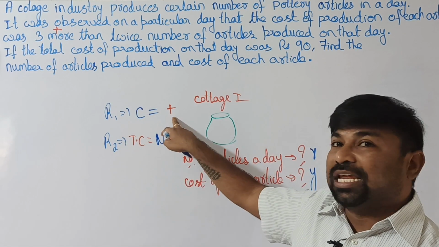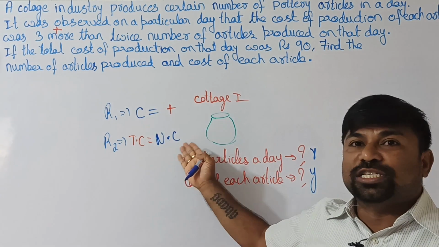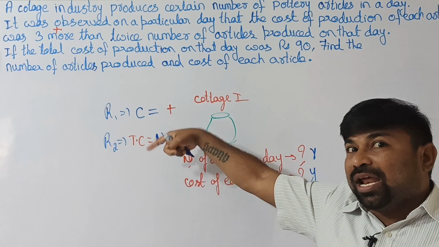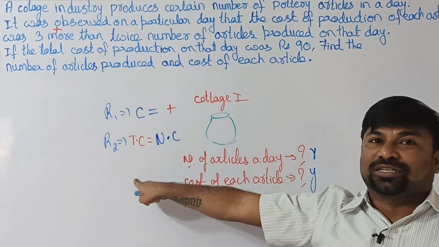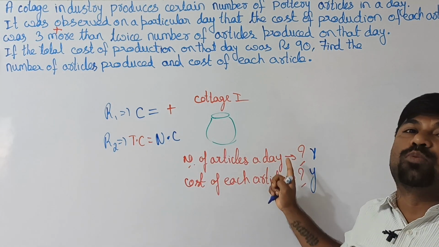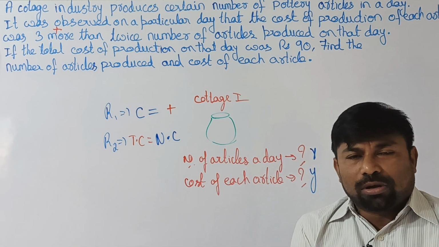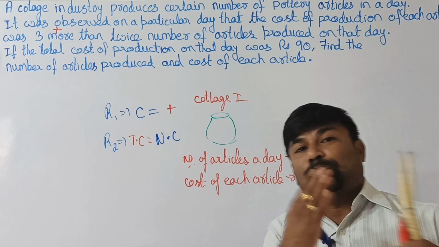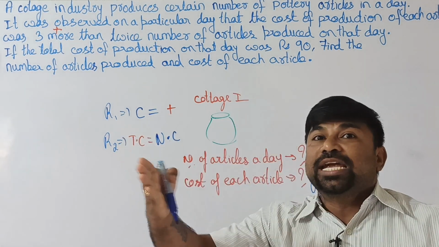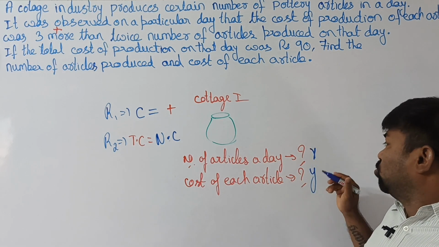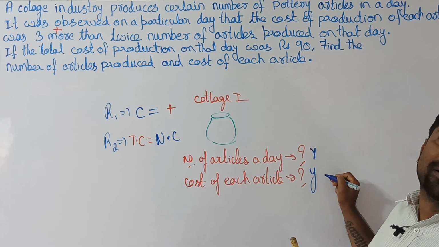One relation is dealing with plus and the other with product. Whenever we have such different relations, we have to eliminate one of the variables. Eliminating means getting rid of it. How can you get rid of it? We just have to replace that variable in terms of the other. Suppose I like to get rid of y.